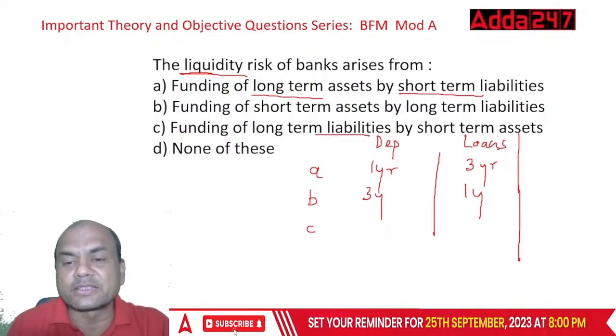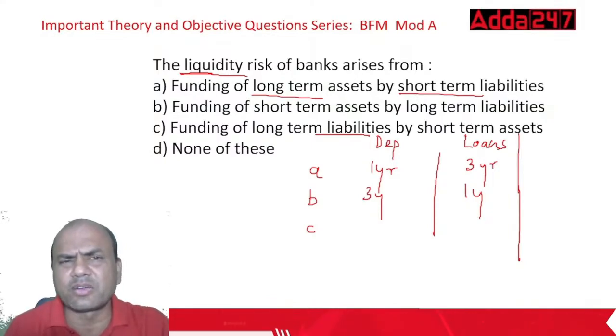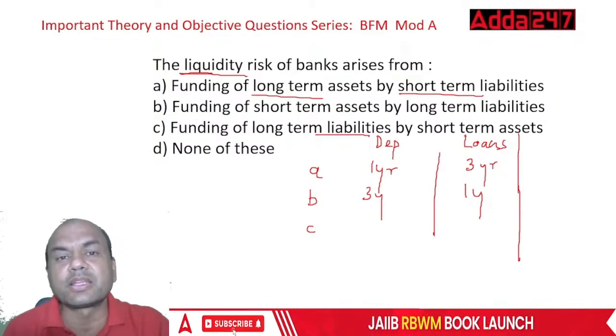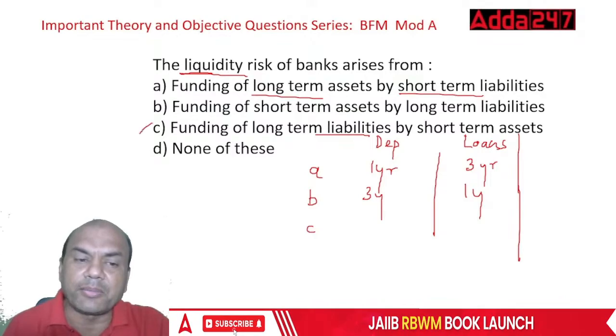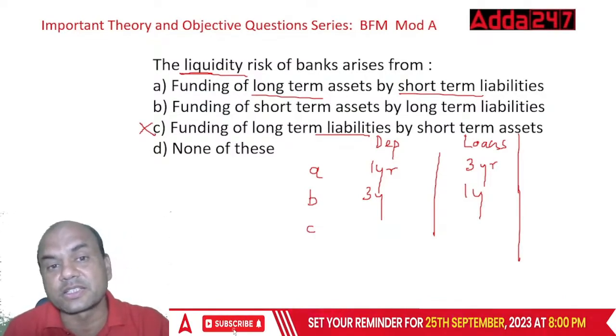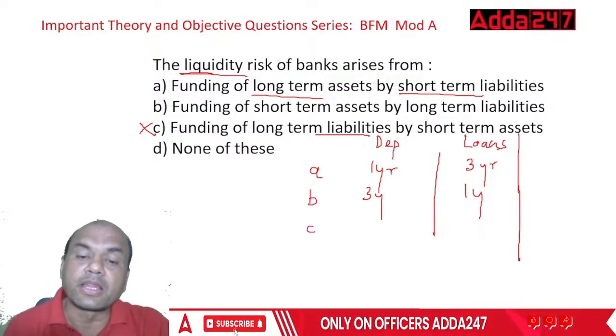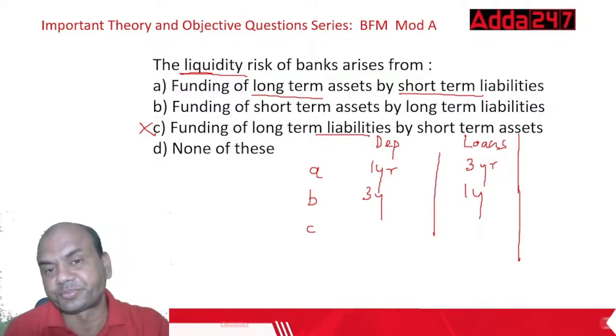Liabilities funded by assets. Is it possible? Not at all possible. Assets are always funded by liabilities, long-term or short-term. So C is ab initio wrong. Ab initio means from the start itself. We need not even discuss this. That is the point. Now the question lies between A and B.